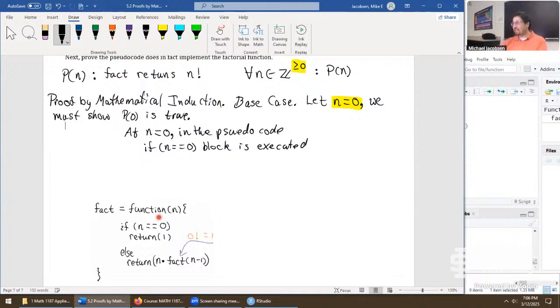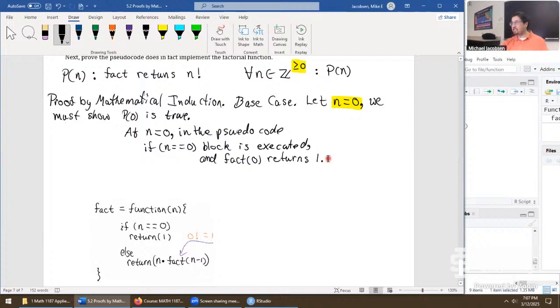That's because that's exactly what it does. If you pass it 0, then if we get the check as true for n equals 0 in the comparison, we return 1. The block is executed, and Fact(0), now I'm talking about the factorial function, returns 1. That's exactly what it should do.